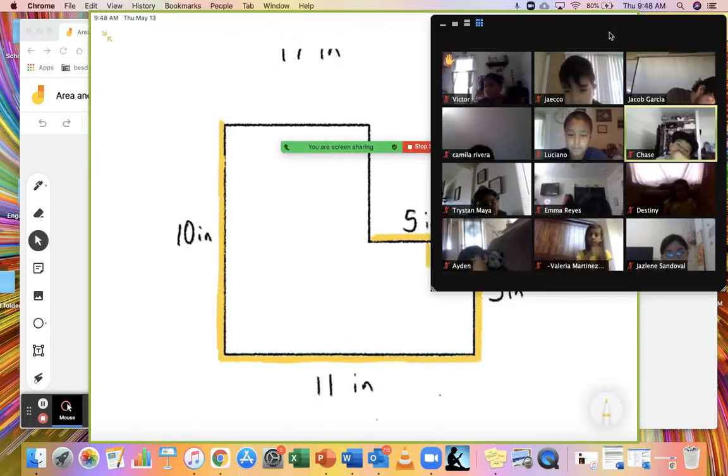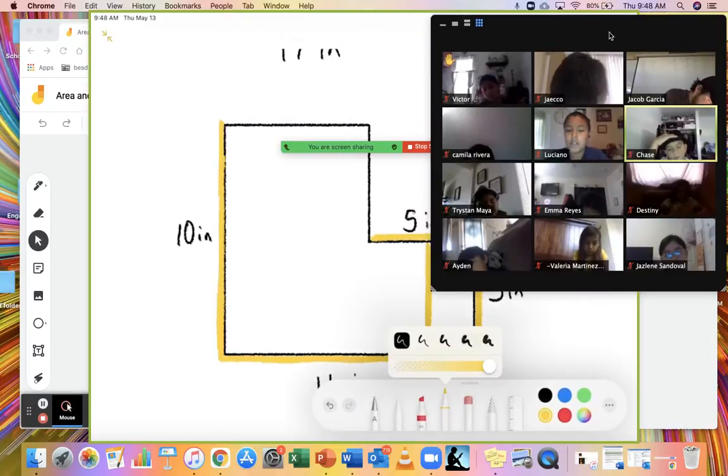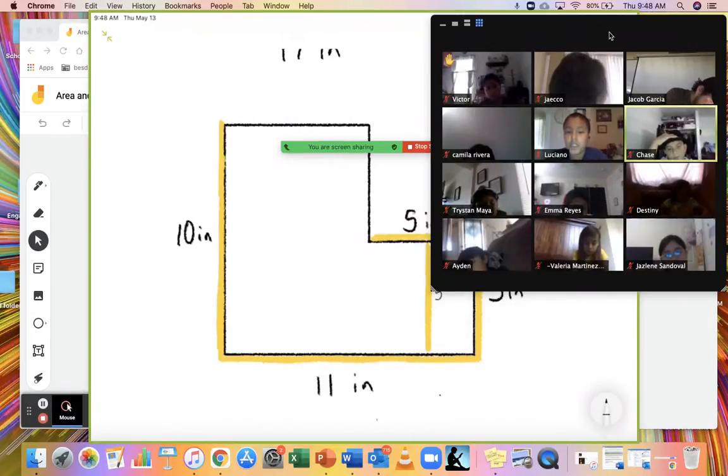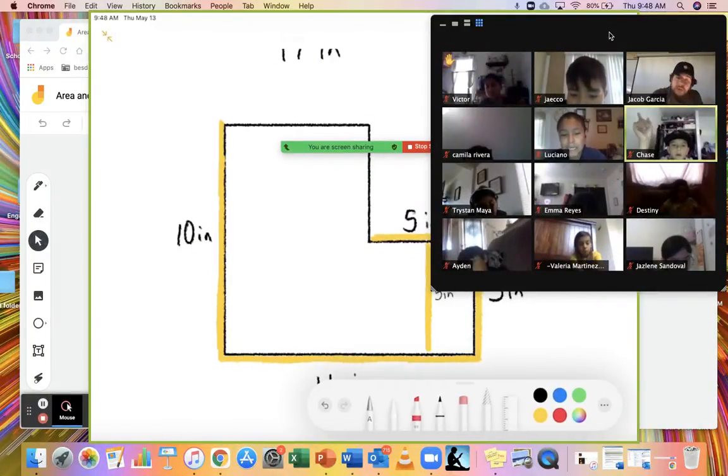If I draw this in, I think it'll explain it a little better. This right here is 5 inches. It's the same length. With our rules that we do with rectangles and squares and everything, we know that across from each other, they're the same.